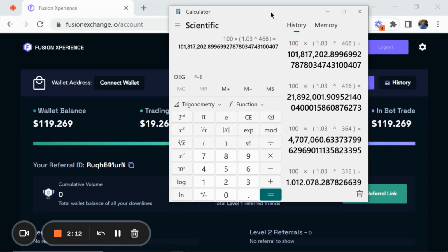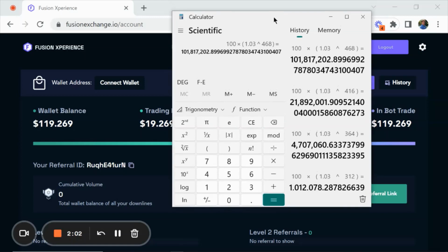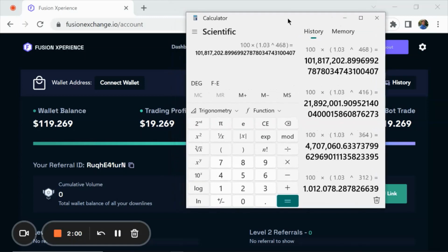Of course, you need to subtract your $100 initial capital, and after 9 years, just 9 years, you would have over $100 million from letting your $100 compound weekly at 3%.